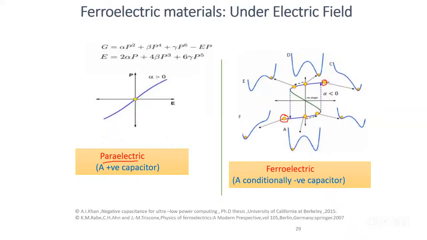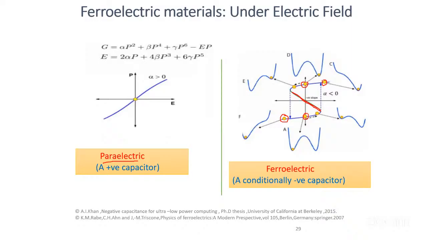This point is the remnant polarization, and this point is where the switching is happening. This particular slope, which is unstable, where you have a negative slope between polarization and electric field, is called the negative capacitance region, and it is unstable. So if you have a ferroelectric capacitor, you will never go into this region because it is unstable.